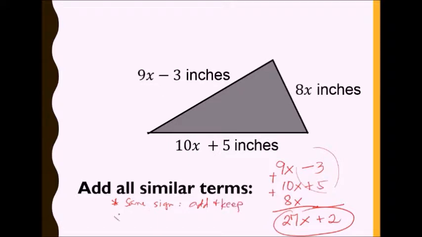Then, kapag different signs, you subtract, and copy the sign of the greater number, no, or greater absolute value. Okay, so dito nagkataon po na positive yung mas malaki. Kaya positive yung nasa final answer, no? So balikan niyo po yung lesson natin about operations or adding and subtracting integers para po ma-refresh kayo.